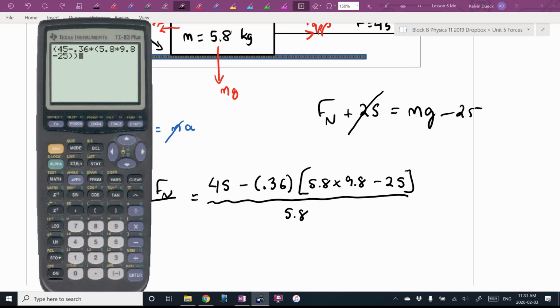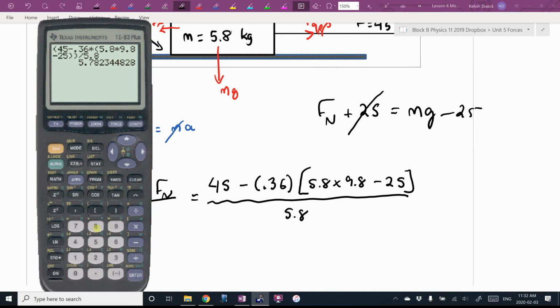Close off the top bracket. Divided by 5.8. And I get, did you do this one in your head? Me neither. 5.782344828.